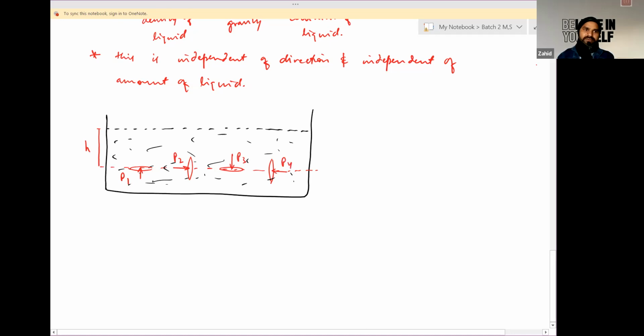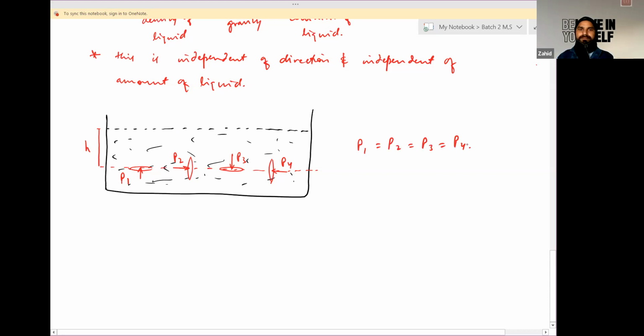So according to the above condition, gauge pressure or pressure due to a column of liquid is independent of direction, which means in all directions at the same depth, it will be equal in magnitude. So P1 equals P2, P3 equals P4.